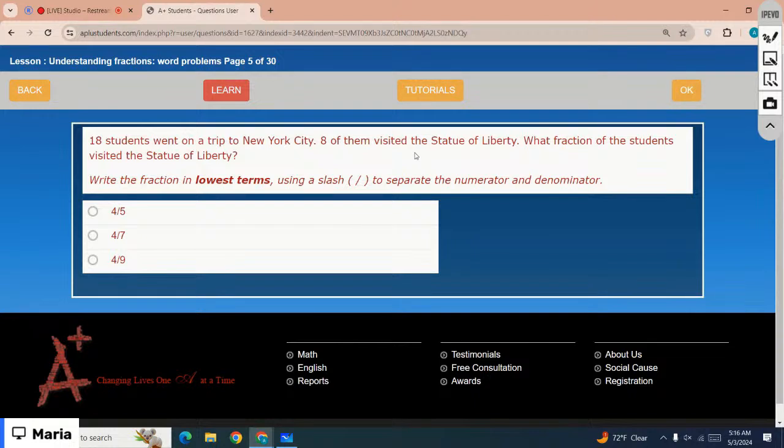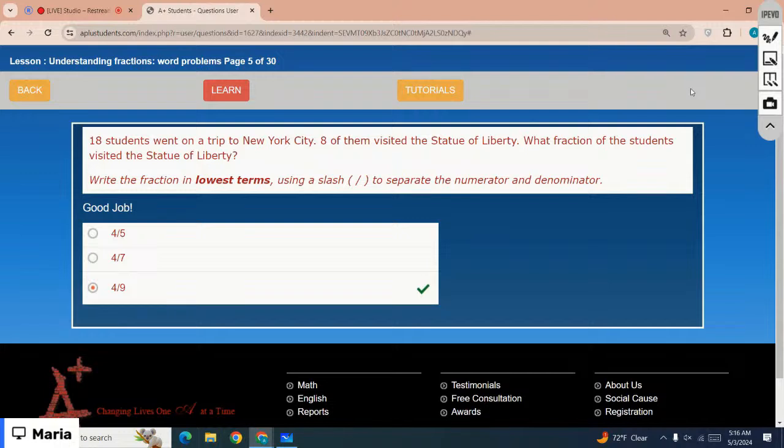The correct option is 4 over 9, right? The correct option is 4 over 9. Okay, the next one is 4 out of 9 it is. 2 times 9 is 18, not 7.